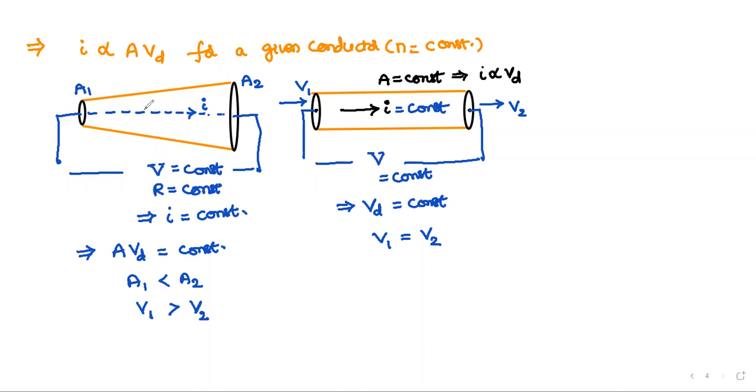Quickly they enter, slowly they leave, to produce the same amount of current. To avoid this area of cross section, in the next step, this is one example of what I said.